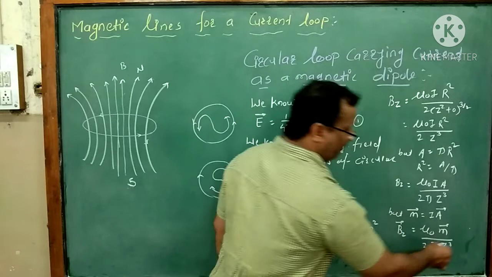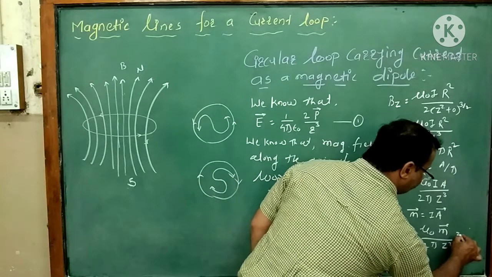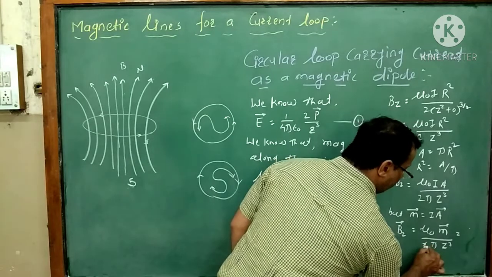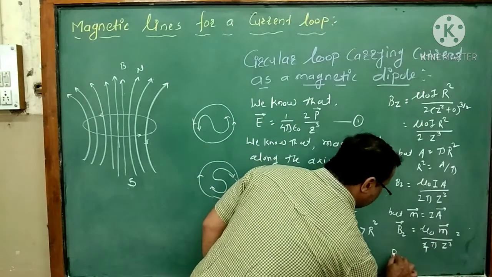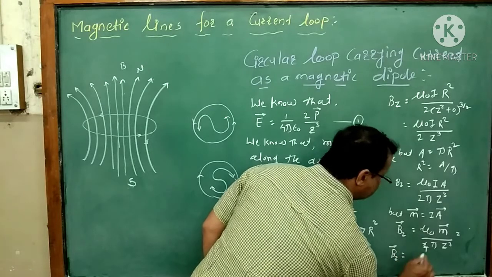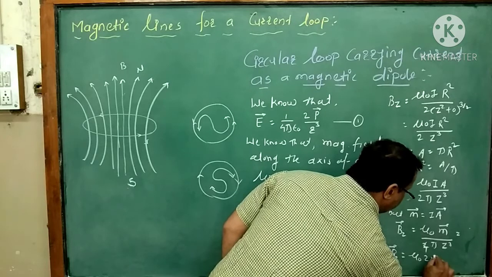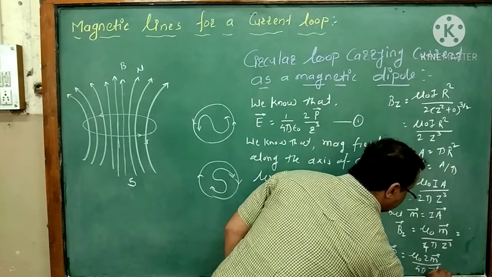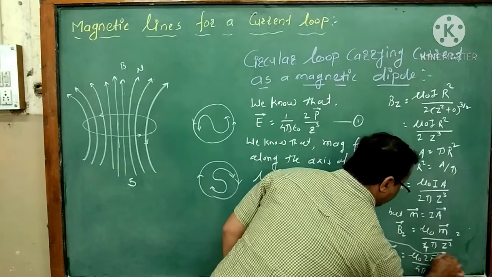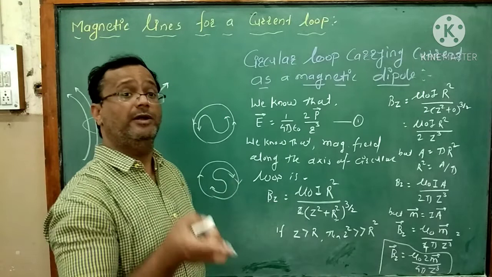Suppose we multiply and divide by 2, then the denominator becomes 4 pi. Finally the equation is Bz equal to mu 0 vector M upon 4 pi z cube.